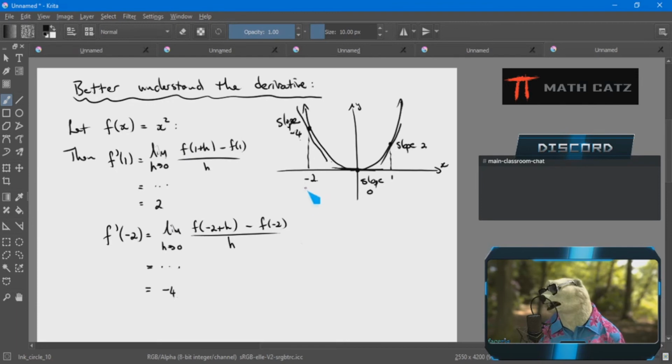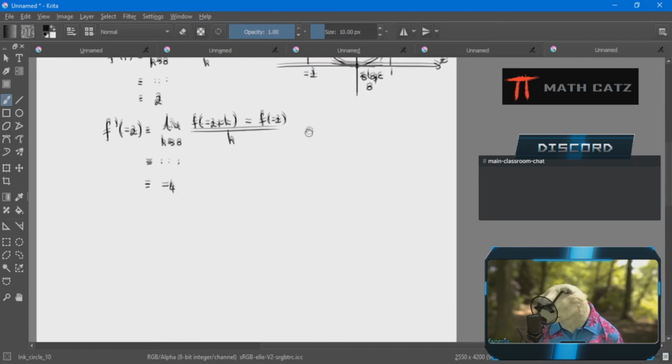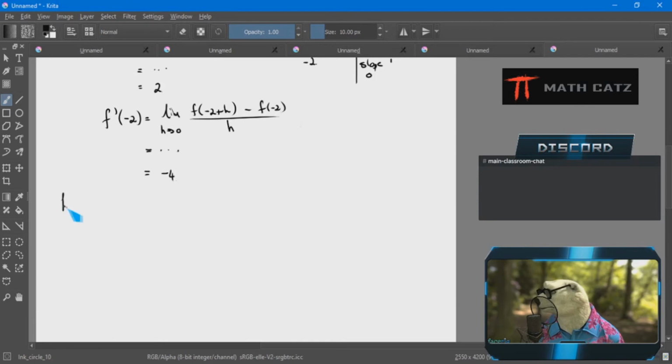Why don't we just leave the x value open. Let's call it c. So leave the x value as, let's say, x equal to c.